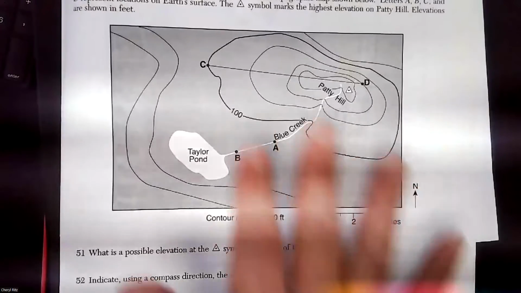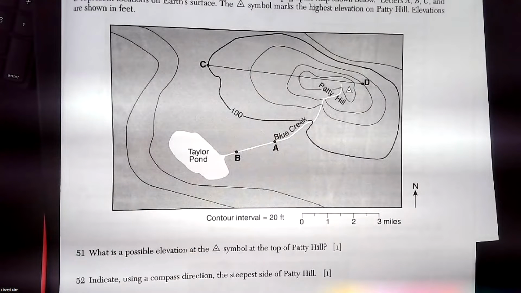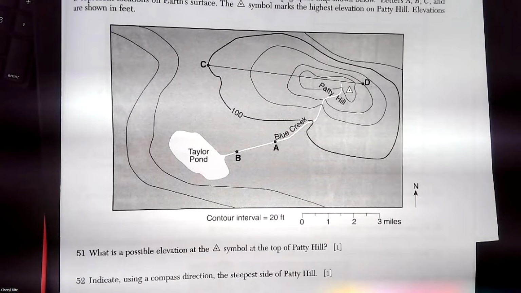And again, always read all the words, but here we have a map. It's actually quite simple compared to some of the ones we've been looking at. They already connected all the lines, so there are no lines for you to draw. You see that they labeled one of the 100s, and we've got some letters. They give us the contour interval. What does the contour interval mean? 20.